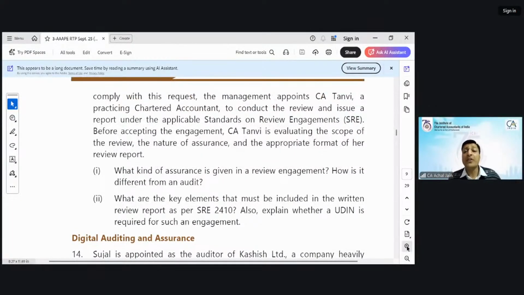What kind of assurance is given in a review engagement and how is it different from audit? What are the key elements that must be included in the written review report as per SRE 2410? Also explain whether a UDIN is required. Over to you. What do you think?